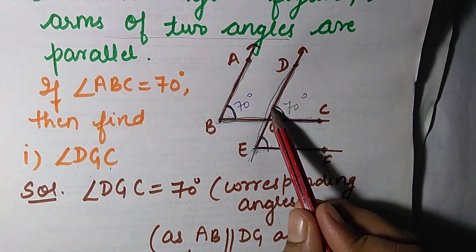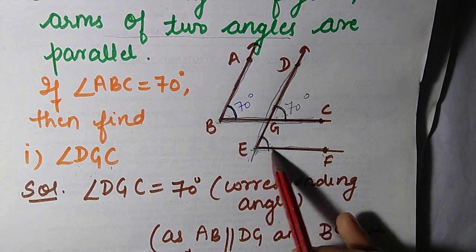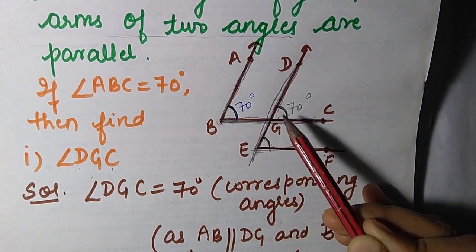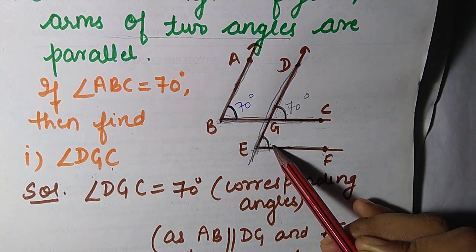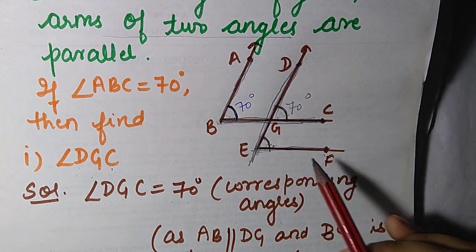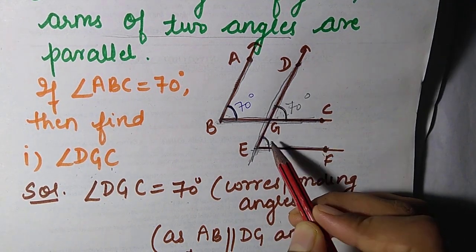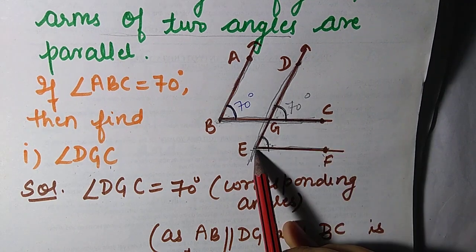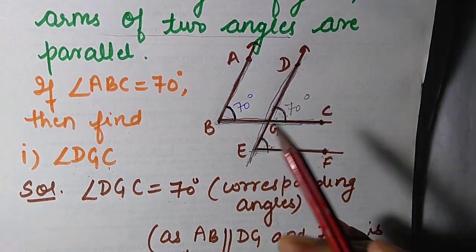Can you find the places of these two angles? If these are two parallel lines and this is a transversal, then these are again corresponding angles. So I can write that angle DEF is also 70 degrees. Why? Because of corresponding angles, as BC is parallel to EF and DE is acting as a transversal.